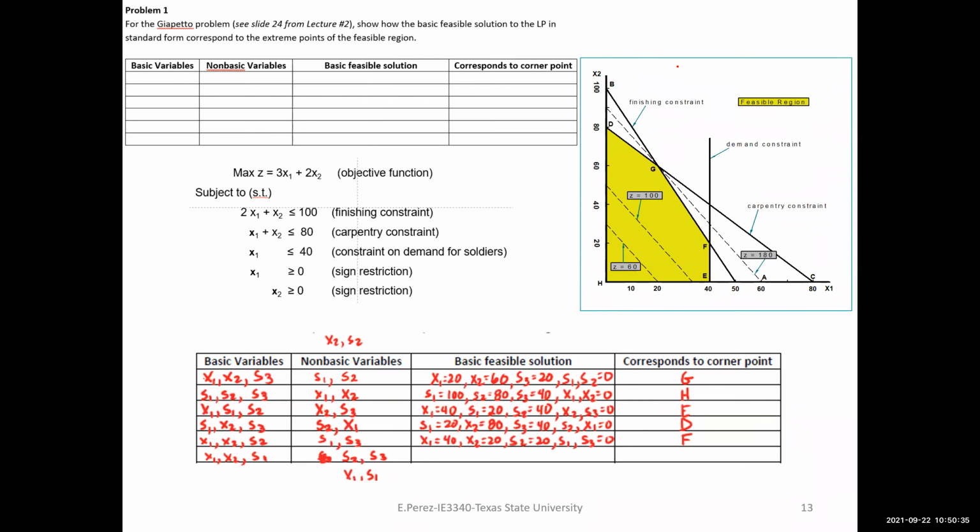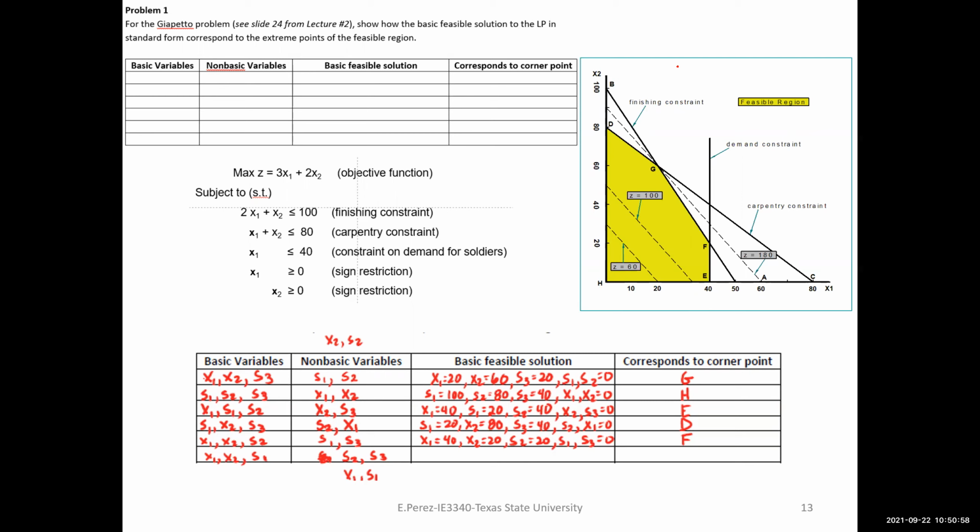You add the slack variables and the excess variables. I don't think we have excess variables in this one. After that, you need to tell me how many basic variables and how many non-basic variables you're going to have.